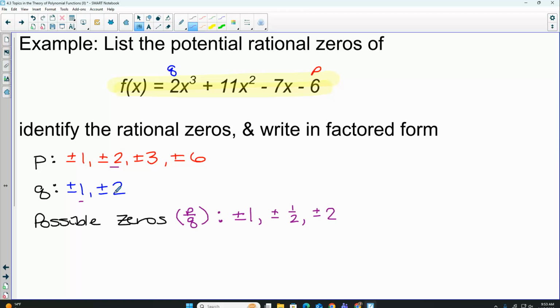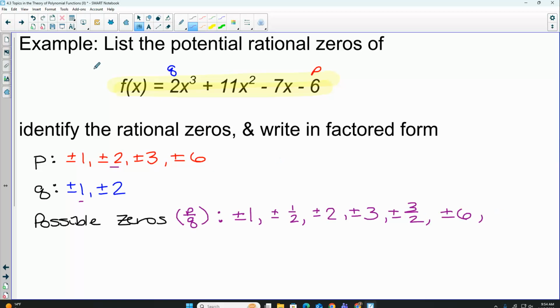I already have that on my list. 3 divided by 1 is 3. 3 divided by 2, so plus or minus 3 halves. 6 divided by 1 is 6. 6 divided by 2 is 3, and we already have that.